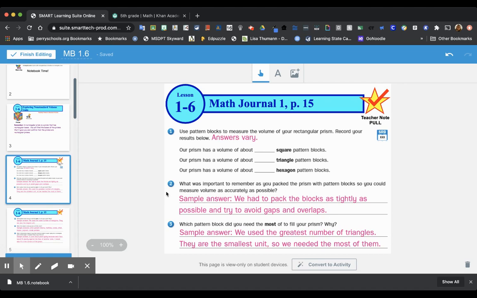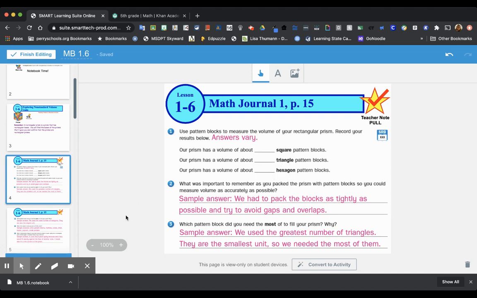Now, I want us to think back to our lessons last week when we were talking about area. And we knew that we measured area using squares, because we had square units. So if we think about the characteristics of finding area and then move forward to finding volume, we're going to find that a square pattern block is going to be more useful than a triangle or a hexagon.